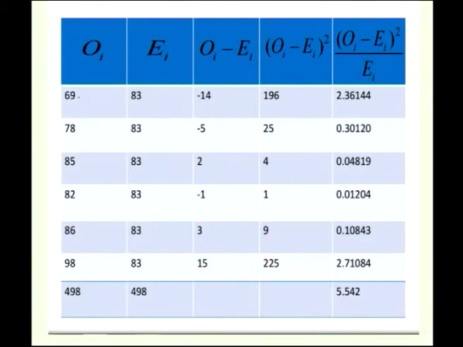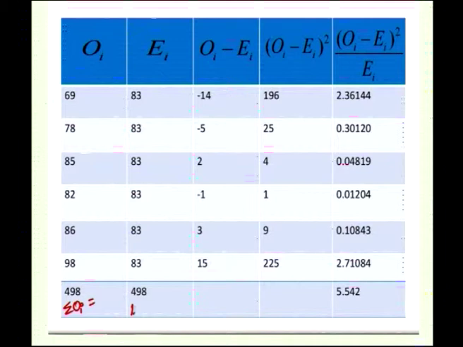So, OI given is 69, 78, 85, 82, 86, 98. These are the values given in the question, that is OI values. Then its summation is 498, and each EI we have just calculated, that is 498 divided by 6, gives you equally distributed 83 for the 6 categories, 83, 83, again 83, like that.